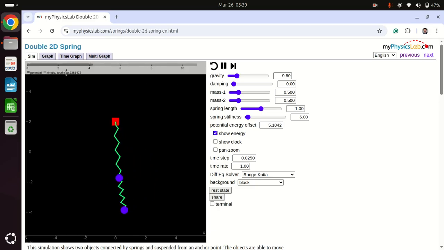Total energy is about 11 joules. Now this also you can check from here, how the energy is going to change. If I increase the mass, you can see now total energy is increased.